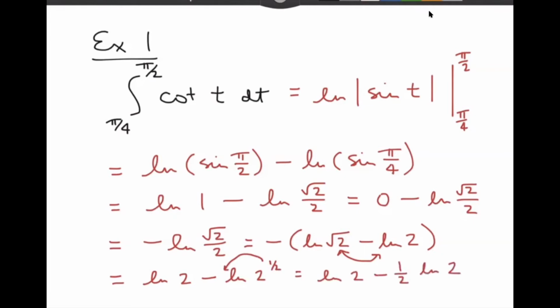And when you have 1 natural log 2 and you take away 1/2 of a natural log 2, you are left with 1/2 natural log 2. So I would rather write the answer like that than negative natural log square root of 2 over 2. I just think it looks nicer. And of course, you could also write it as natural log square root of 2. That would be okay.